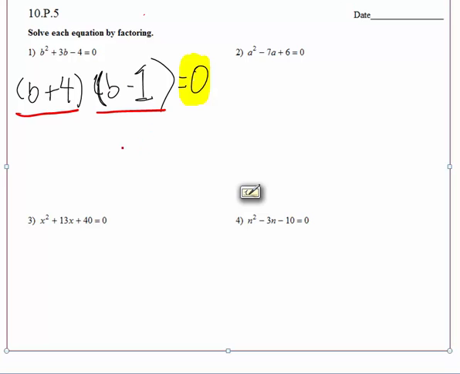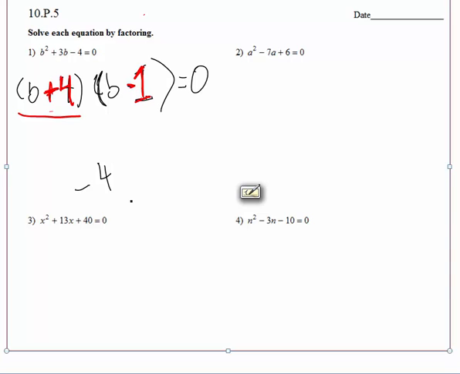So we've got to think of what we can make b be to make either the first expression 0, or the second expression 0. To do that, we have to look at these two numbers, plus 4 and minus 1. If I put the opposite of plus 4 here, it will make this whole parentheses equal 0. The opposite of plus 4 is negative 4.